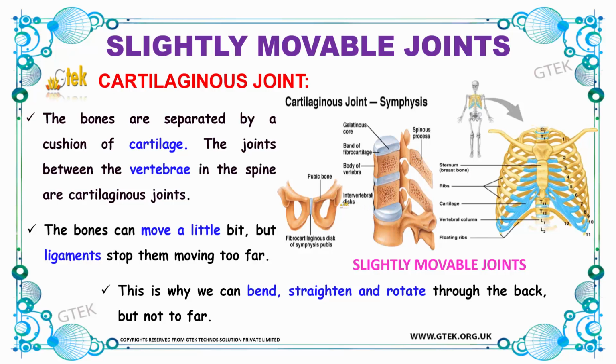But we can't move far because we have the cartilage which is held by the ligaments, which doesn't allow us to move further. So here, if you see, this is a cross-sectional view of the vertebral column of a human. Here, the cushions of cartilage are used for joining the bones of your vertebrae. That gives a slight amount of movement but not a total movement.